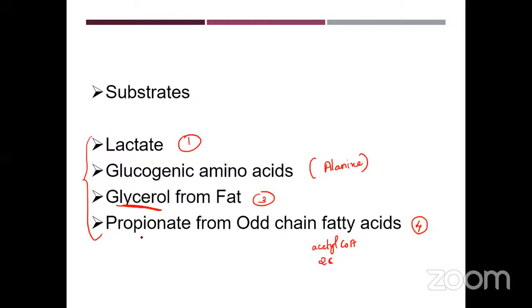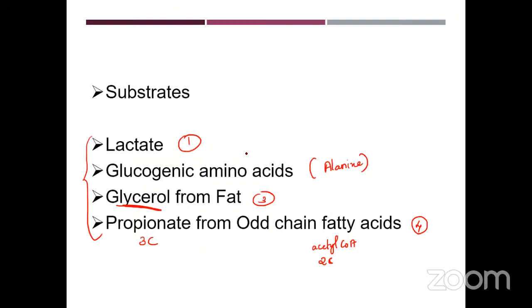Propionic acid has got 3 carbon. So when even chain fatty acids are degraded as 2 carbon units, all will be 2 carbon acetyl CoA. But in the case of odd chain fatty acid, the last one will be a 3 carbon product, that is propionate or propionic acid. This propionic acid can be channeled to the formation of glucose. So this is also a gluconeogenic source.